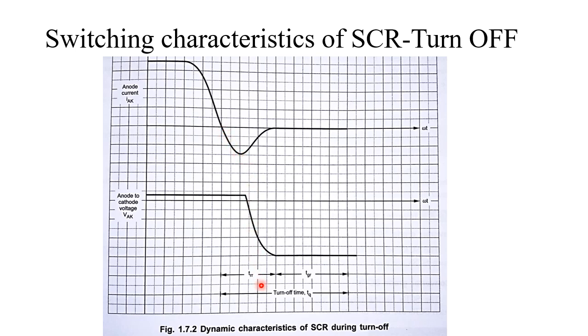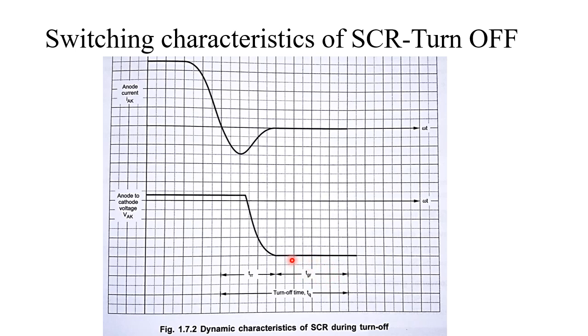So at the end of reverse recovery time, the anode current reaches zero. That means all the charge carriers are removed and the voltage becomes negative. This negative voltage should exist for some more time and that time is called as gate recovery time to completely turn off the SCR.